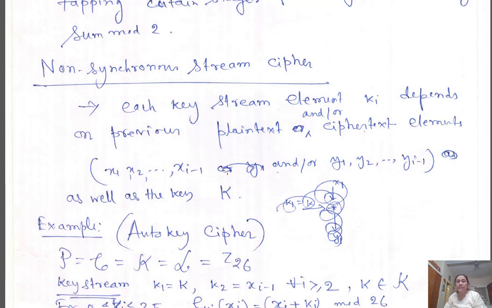So essentially this is using memory. Stream ciphers are also called state ciphers, because they use memory, unlike a block cipher, which is memoryless. So in a non-synchronous stream cipher the key stream is generated in this way.